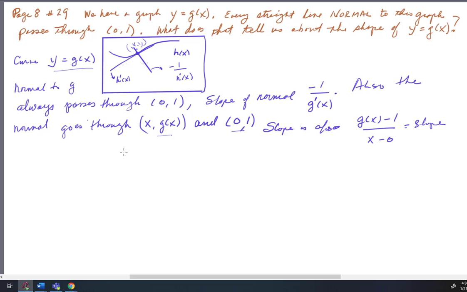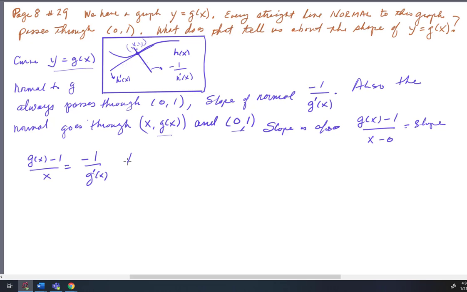If these are both equal to the slope, it must be the case that g of x minus 1 over x, we don't need to write x minus 0, just x, is equal to negative 1 over g prime of x.